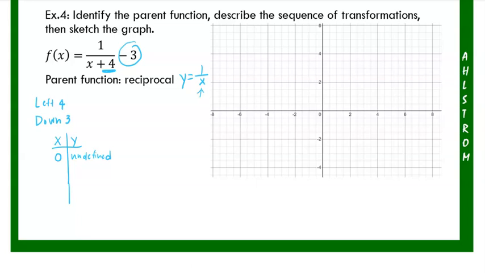And if I had a 0 here, this is going to be undefined. And then if I put a 1 in here, that's just going to be a 1, and a -1, that's going to be a -1. And that's enough points. Okay, now what does left 4 mean? I'm going to subtract this by 4. Let's use a different color. I'm going to subtract this by 4, and we're going to subtract this by 3.